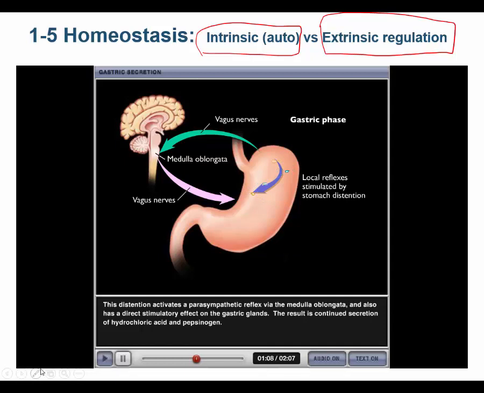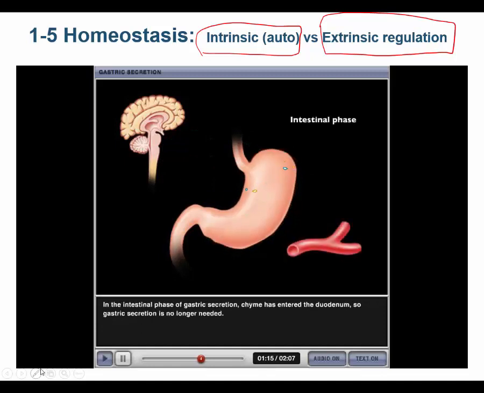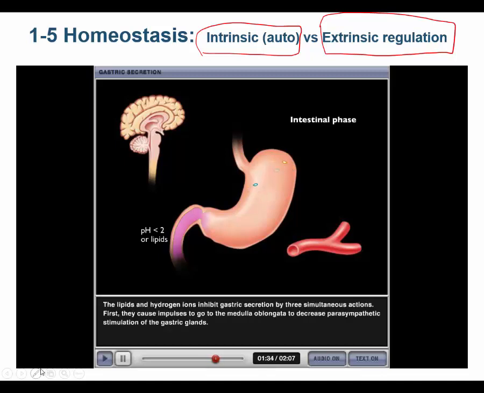The result is continued secretion of hydrochloric acid and pepsinogen. In the intestinal phase of gastric secretion, chyme has entered the duodenum, so gastric secretion is no longer needed. When the chyme contains lipids from the digestion of fats or contains enough hydrochloric acid to bring its pH below 2, gastric secretion is inhibited. The lipids and hydrogen ions inhibit gastric secretion by 3 simultaneous actions.